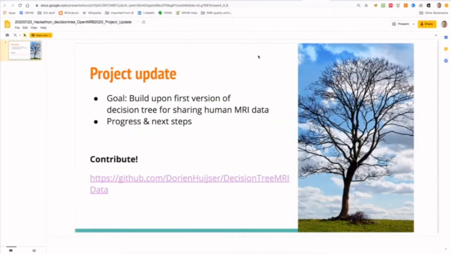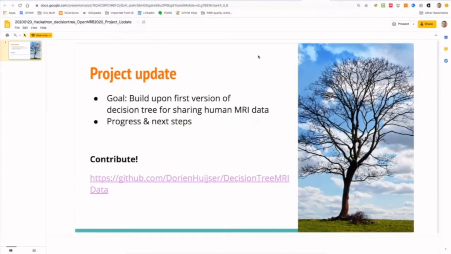It's going to be very short because my hackathon was very short. I actually joined the COVIDAS hackathon. I had a short conversation with Stefan, not that Stefan Klein, and I got some very good input from him. So I'm going to process his input into the existing decision tree that we already have.